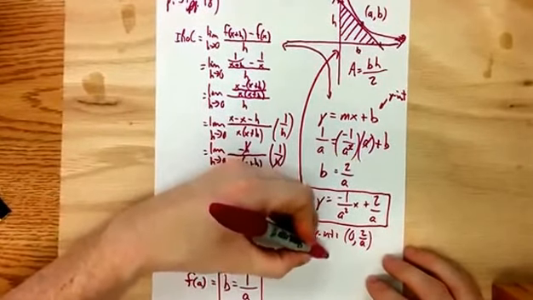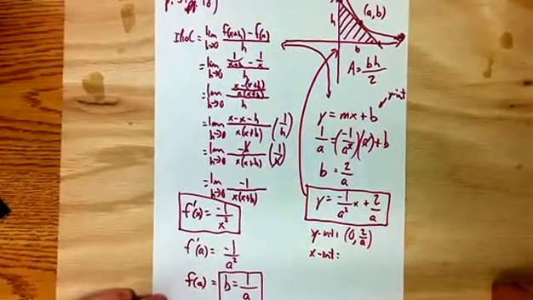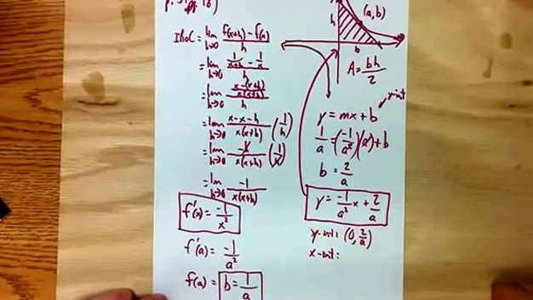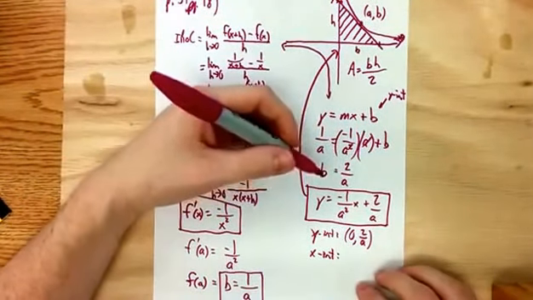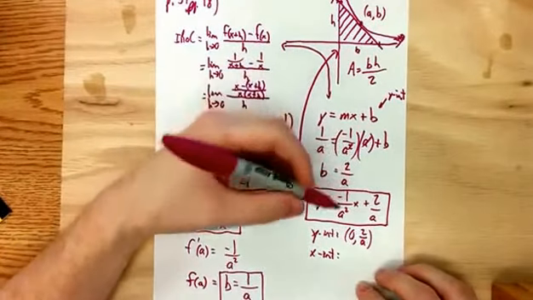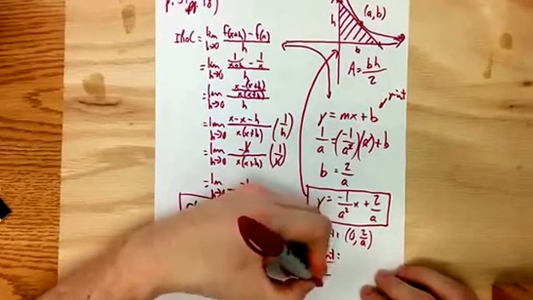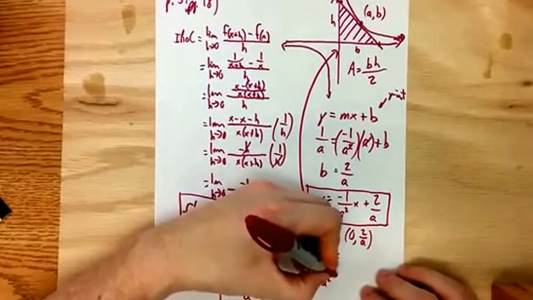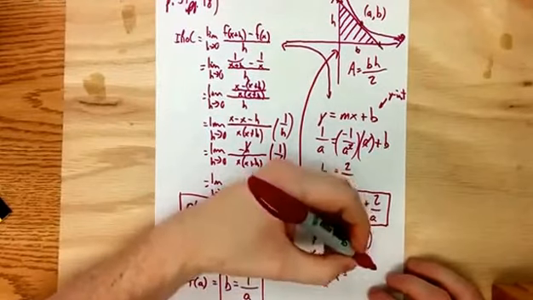Okay, and now we'll find the x-intercept. For the x-intercept, we're going to set y equal to 0, and then solve for x. So I'll bring that negative term to the left-hand side of the equation, and that should be easier to deal with. So I'll have 1 over a squared times x equals 2 over a.